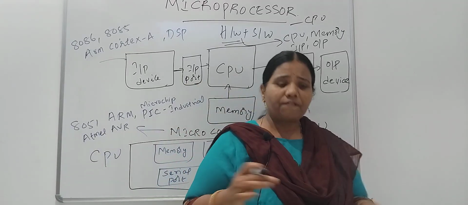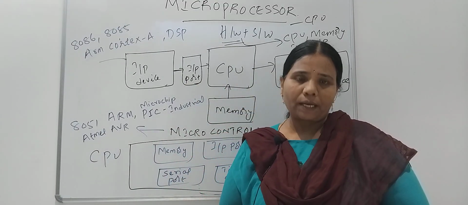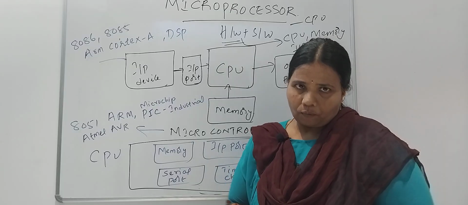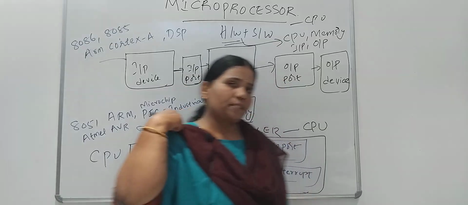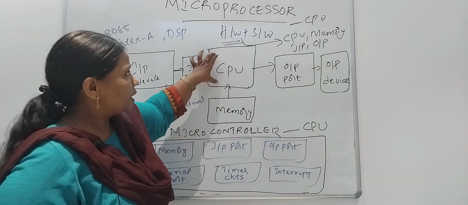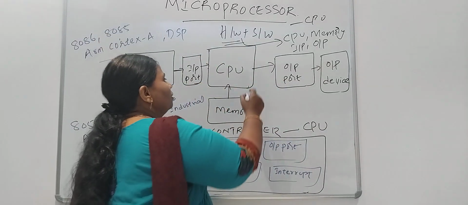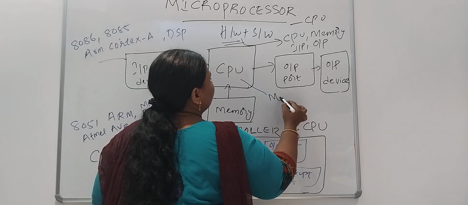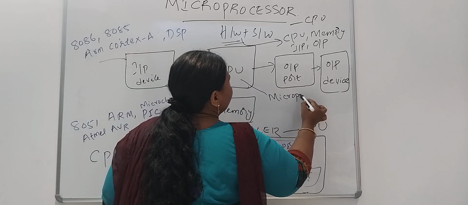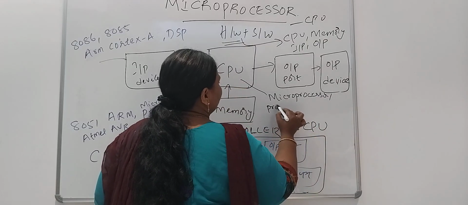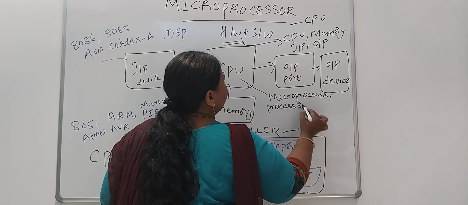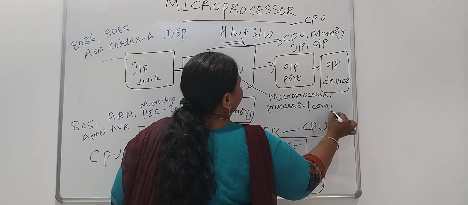Then what is the difference between the microprocessor and the microcontroller, which we have to know. Whatever CPU you are using, we are going to call it a microprocessor, or it can be called a processor, or it can be called a computer.